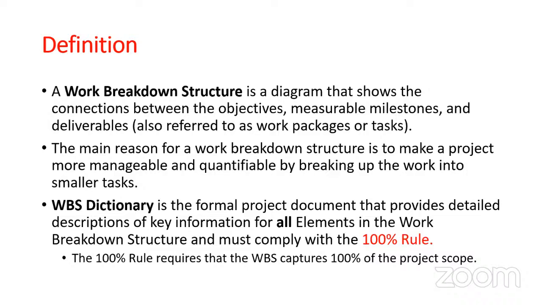So give absolute information, not thorough information, all right? Give the accurate, most reliable, workable, practical information, okay? The 100% rule requires that the WBS captures 100% of the project scope. So total clarity of what the project is all about, okay?